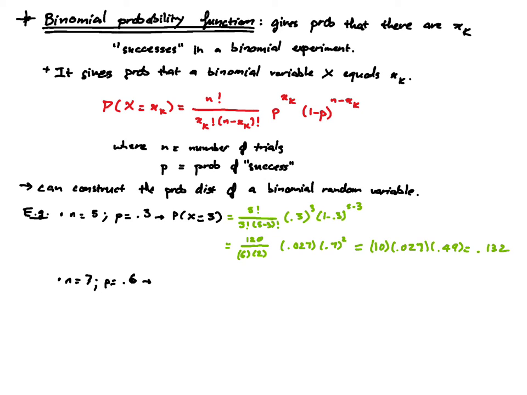Again, we apply the formula. We have 7 factorial divided by 2 factorial times 7 minus 2 factorial, then 0.6 squared, and then 1 minus 0.6 to the 7 minus 2 power.